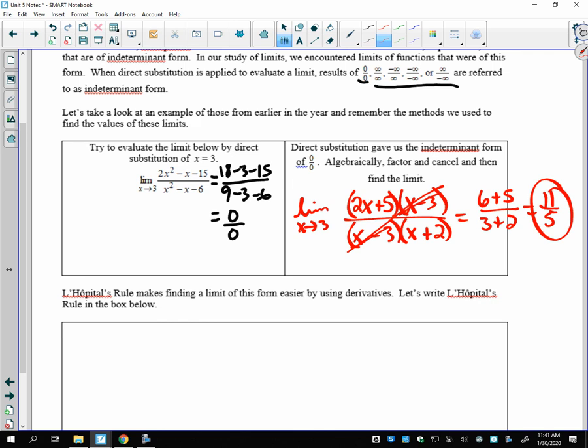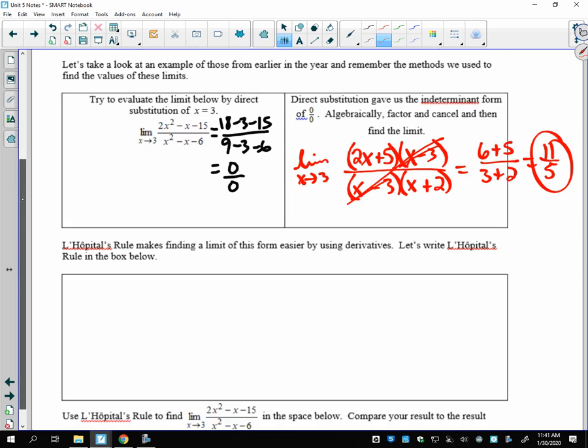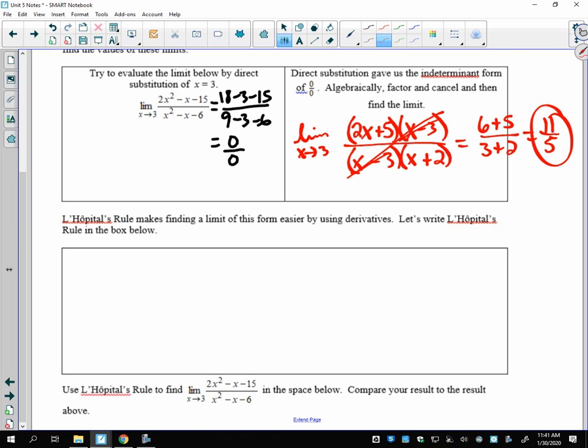Right? Well, L'Hôpital changes the game for indeterminate form. So let's write out the definition of L'Hôpital's rule and see what you think.